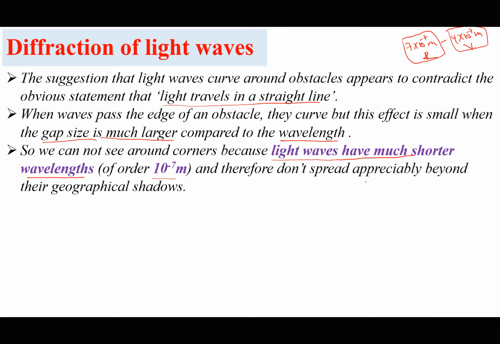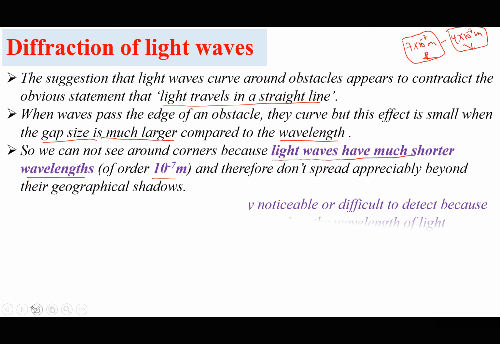So because the wavelength is much smaller, when light passes through an aperture, it doesn't spread much. It doesn't spread far away from the aperture. So we get an impression as if light only travels in a straight line simply because of the smaller wavelength.